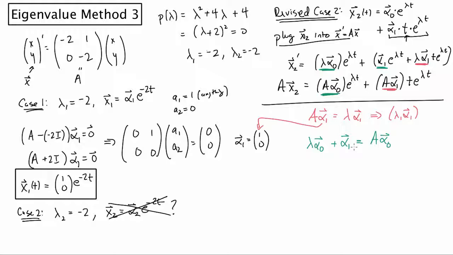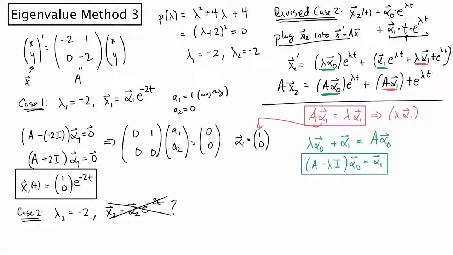If I do a little bit of rearranging, I can write this as (A minus lambda I) alpha 0 equals alpha 1. So two very important equations here: how to find this, and then how to find this.